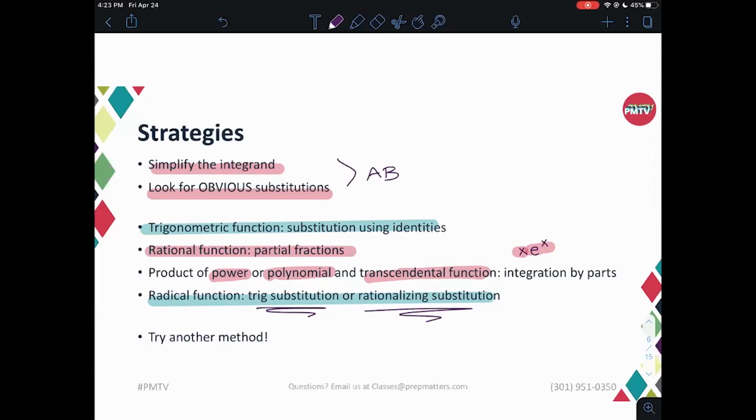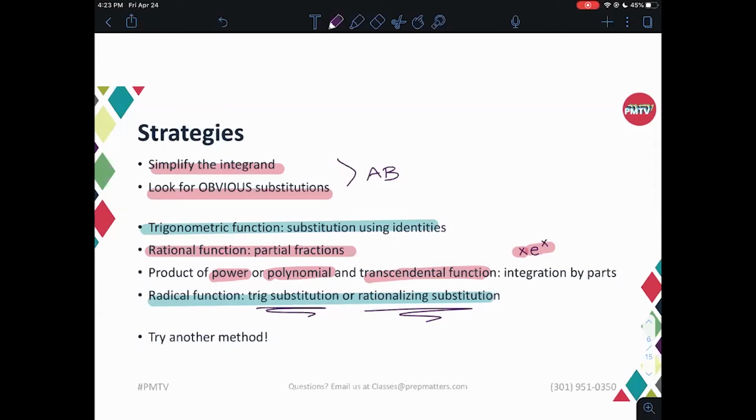And by trig substitution here, I mean, look back into your inverse trig derivatives. When you look at your inverse trig derivatives, they are complicated rational functions involving radicals in most cases. So if we're trying to undo that, if we're going the opposite way, we already have the derivative, we could be using those inverse trig ideas.